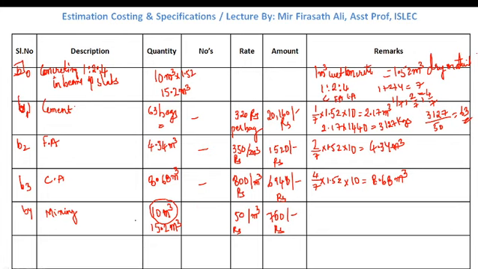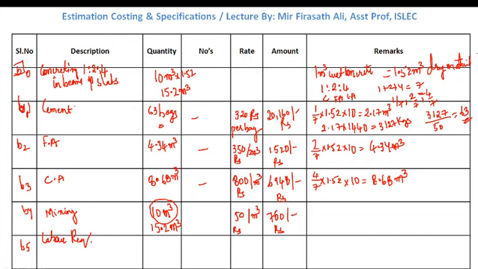Now last, B5 will be our labors. Labors required. As we know, in the labors we have two categories, one is mason and the other is mazdoor.